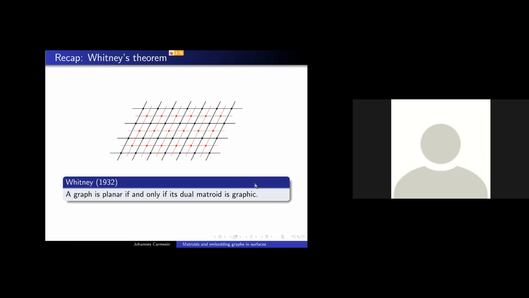And the possible dual graphs are precisely the different graphs that have the same cycle matrix. So by this theorem, it's not only telling you whether the graph is planar, but also how the embeddings look like. So somehow the matrix really answers the problem.